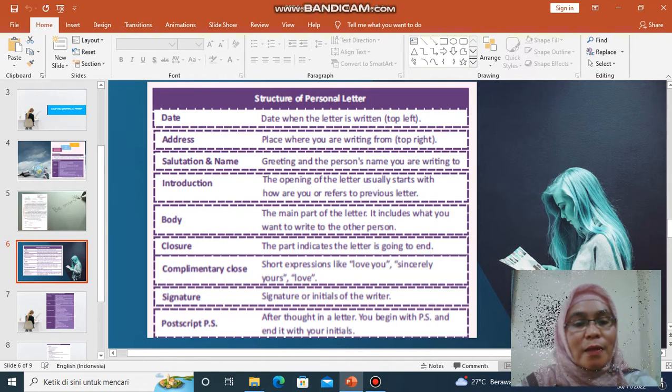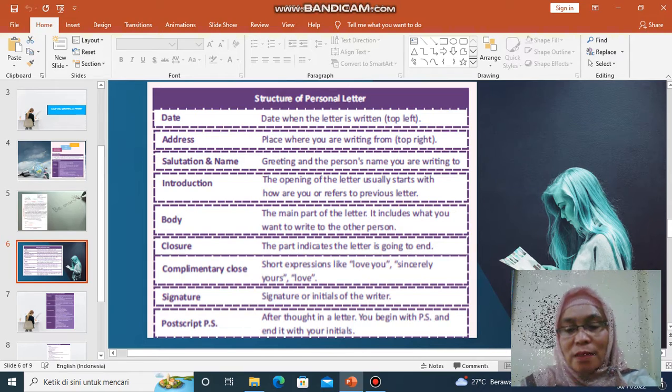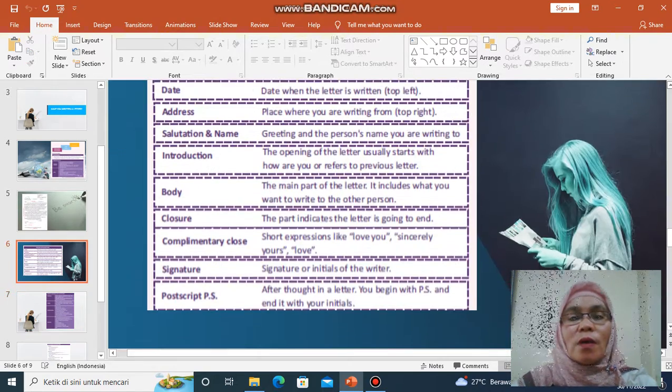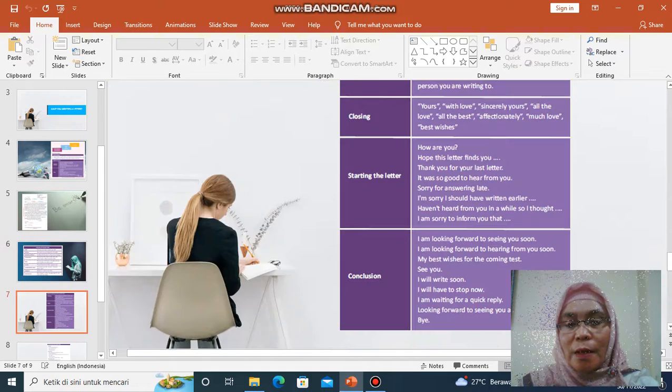And then postscript or PS, an afterthought in a letter, you begin with PS and end it with your initials. But it is optional. You can write the PS or not. And here is the way how you make the example of the letter.